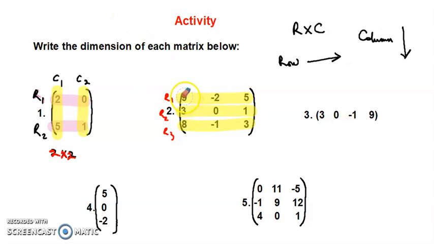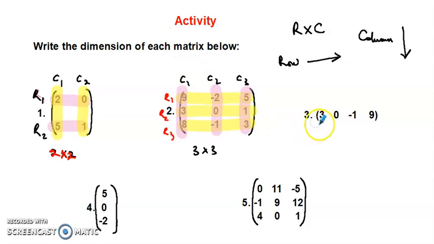Let's count those now. So we have 1, 2, 3. Alright? So 3 columns. Column 1, column 2, column 3. So we have 3 rows and 3 columns. So the dimension of this matrix is a 3 by 3.